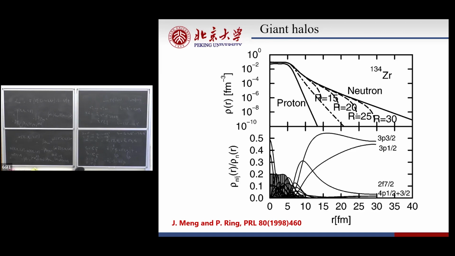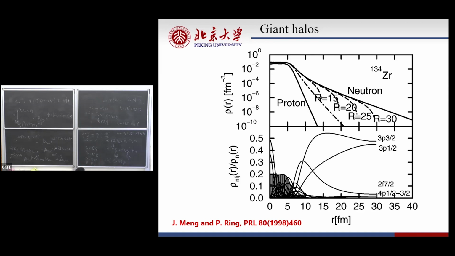In this lower figure, how do we plot this figure? This is the density of each orbital divided by the total density. In such a way, you immediately identify which orbitals contribute to the tail part of the neutron density.